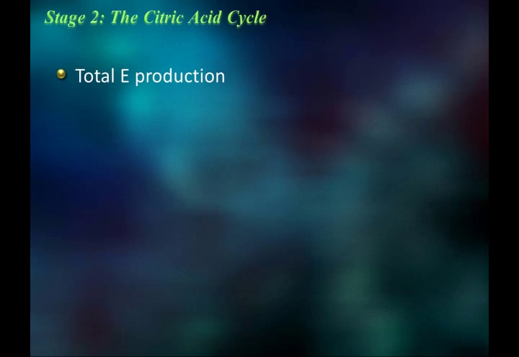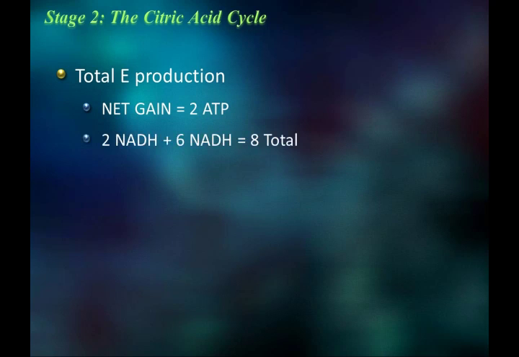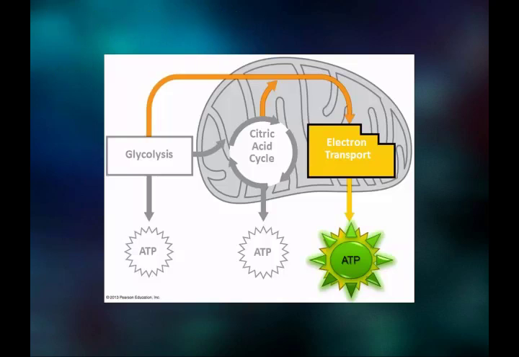So total production is going to be, we're going to get a net gain of 2 ATPs, right, 1 per turn of the Krebs cycle. We're going to get a total of 8 NADH, 2 from the intermediate, 6 from the Krebs cycle proper, and we're going to get 2 FADH2s from the Krebs cycle proper. And that leads us to the end part, which is the electron transport chain.